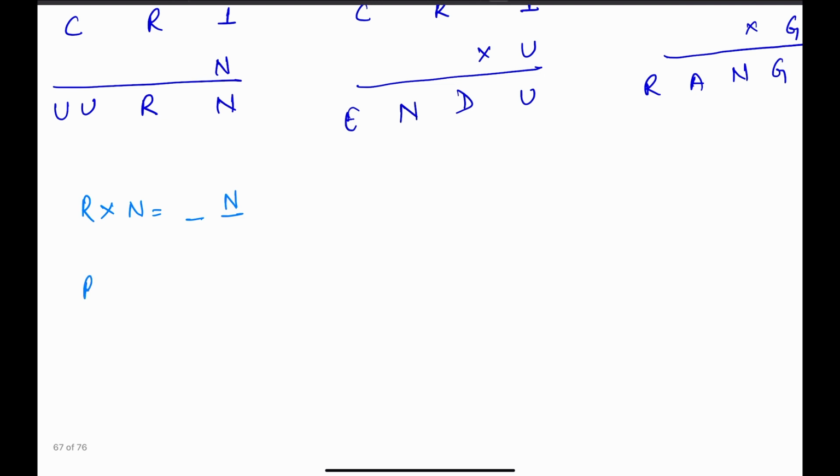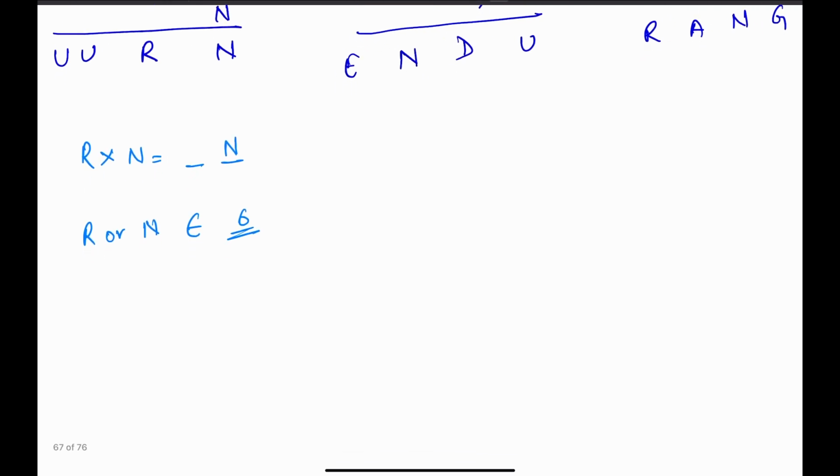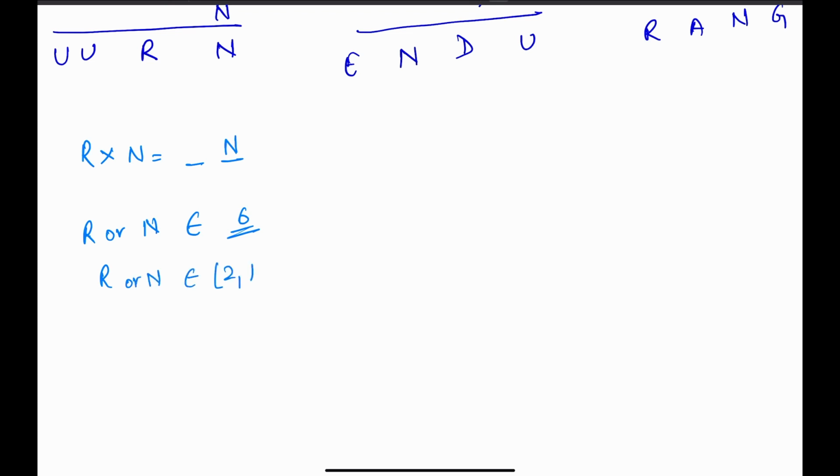So either R or N is possible to be N, and if one is 6, then the other value will be 2, 4, 8.